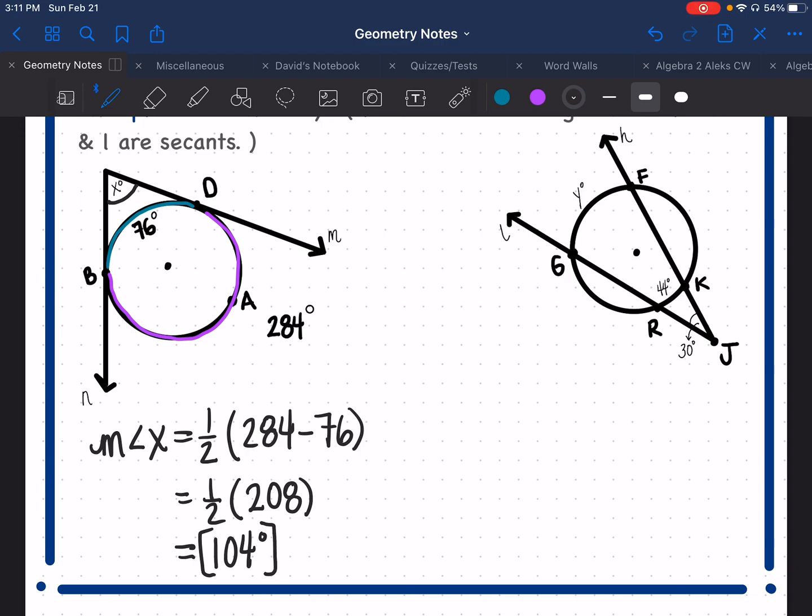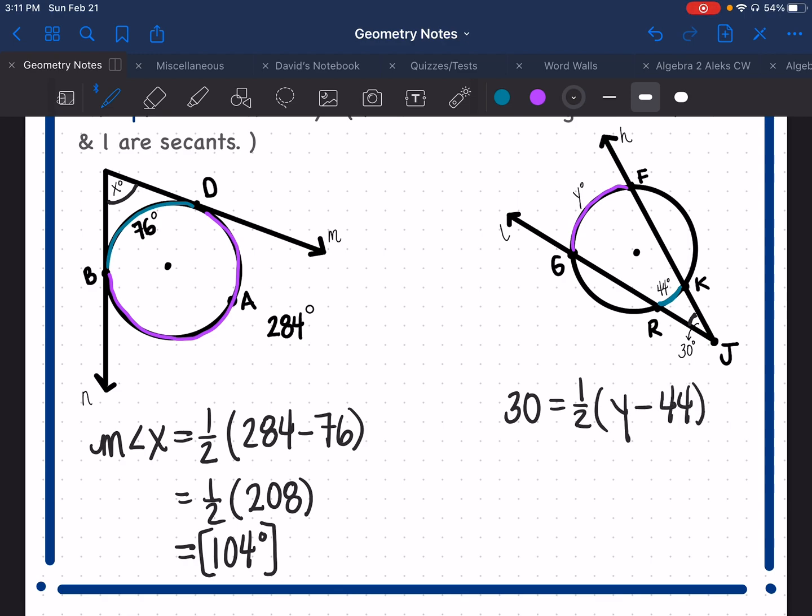The same thing holds true in the second one. Here is the angle. Notice they're telling me it's 30 degrees. Here is the inside. Here would be the outside. So this time, 30 equals half of y minus 44.